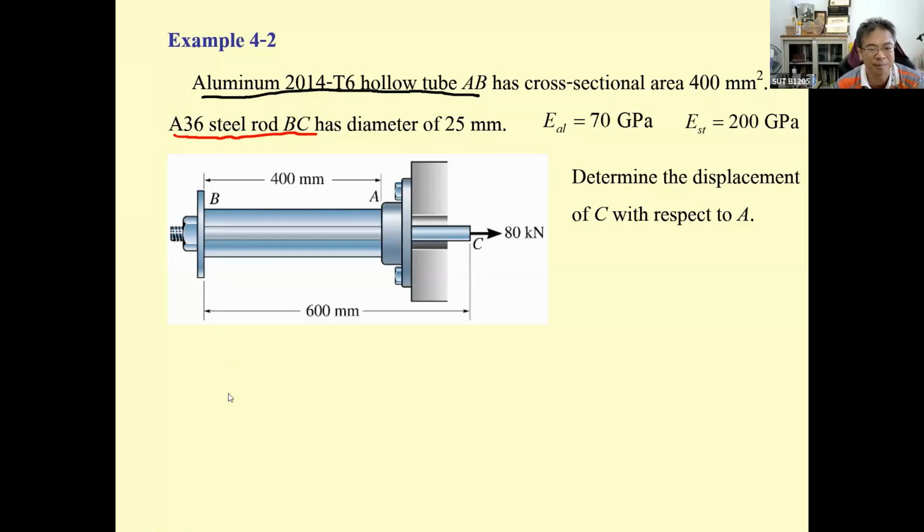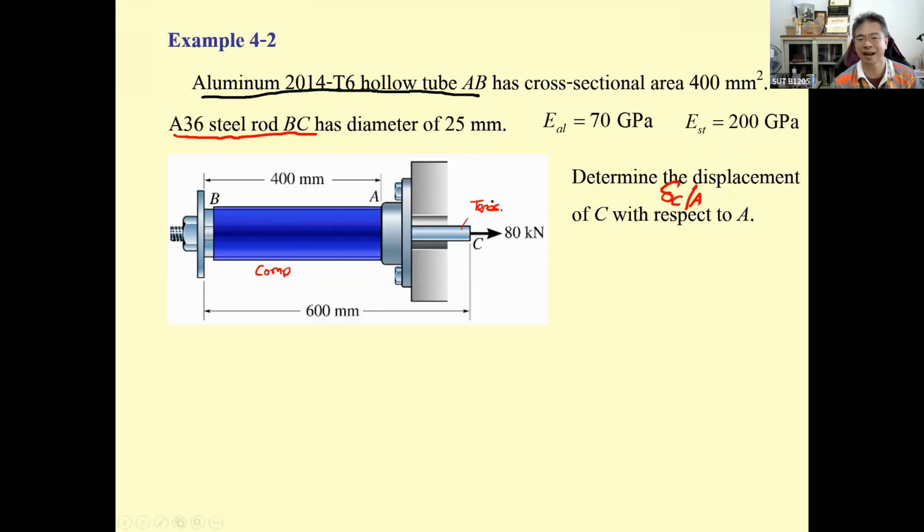To understand this, let us do a little bit of the free body diagram. By doing this, we are going to determine the displacement at point C with respect to point A. The aluminum tube is in compression, since B is going to move due to the 80 kilonewton force, and then the rod BC is going to be in tension.